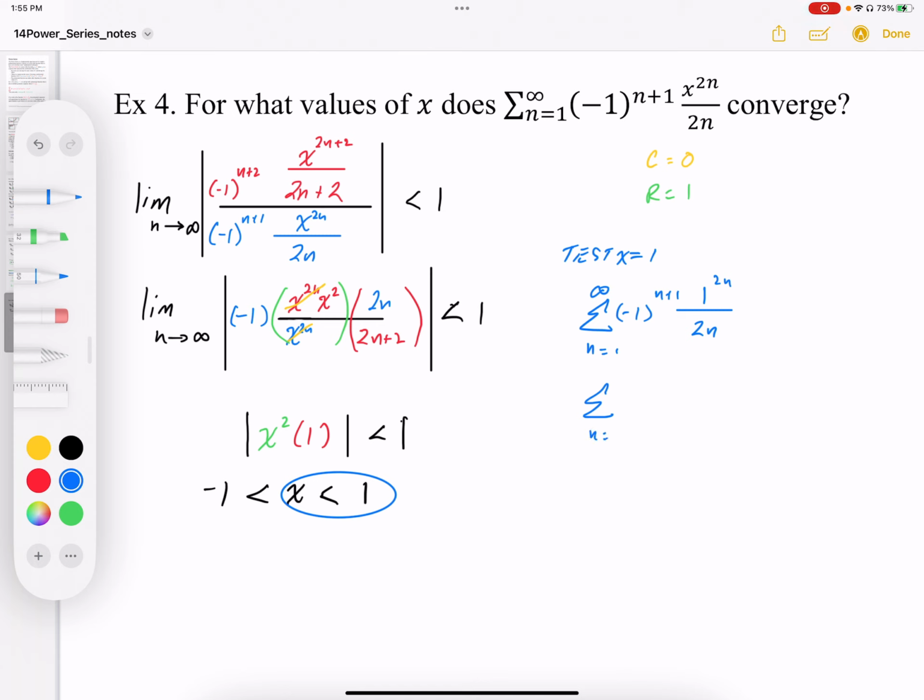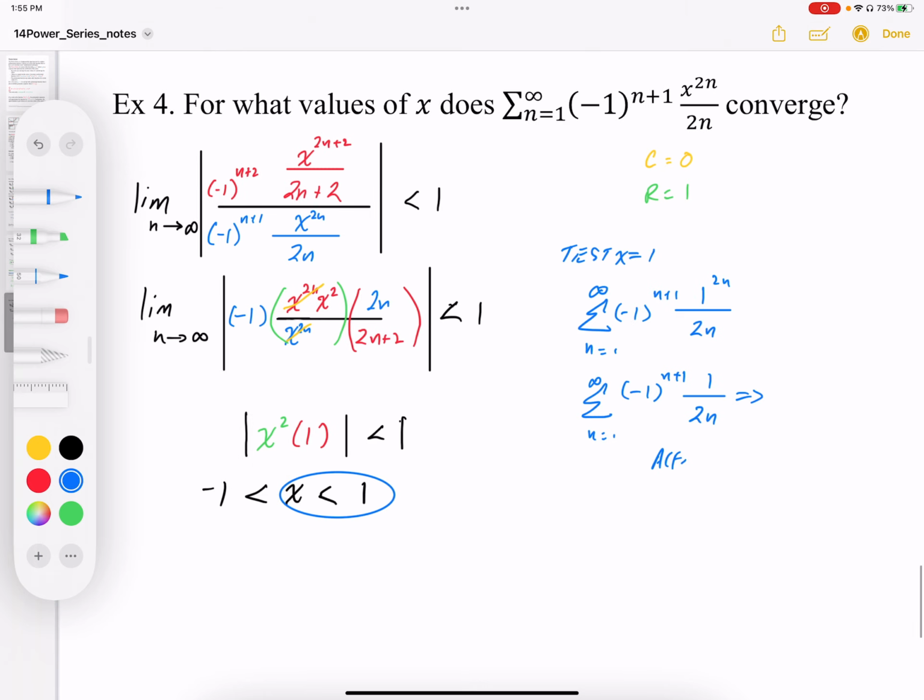So simplifying this is our harmonic series divided by 2, and it is alternating because of that -1. So this is an alternating harmonic series. Therefore convergent. So we're going to include that as one of the endpoints.